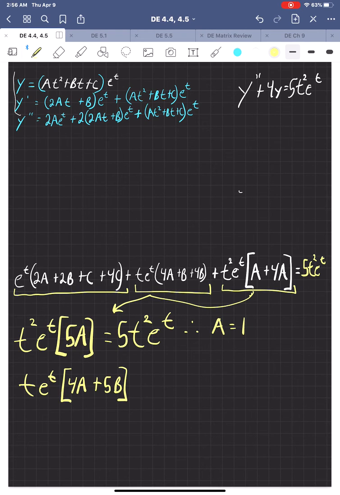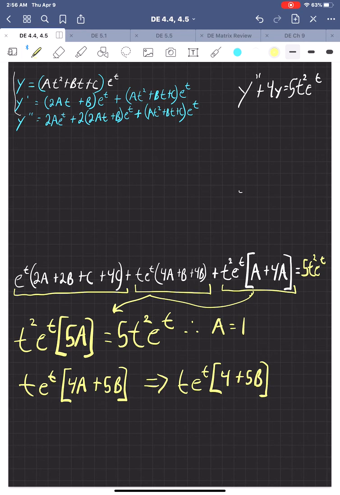But only now I actually know what to plug in for a. So this ends up being t e to the t multiplied by 4 plus 5b.